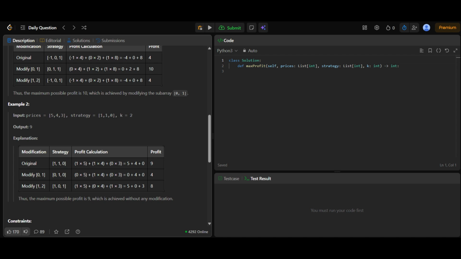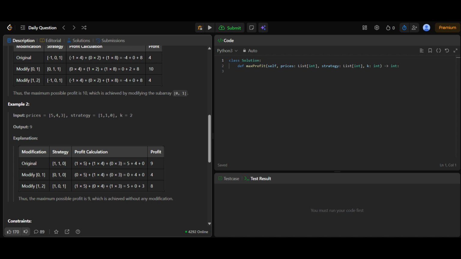Next, we try all possible modifications of length 2. If we modify the subarray from index 0 to index 1, the strategy becomes 0, 1, 0. The profit is now 0 plus 4 plus 0, which totals 4. If we modify the subarray from index 1 to index 2, the strategy becomes 1, 0, 1.